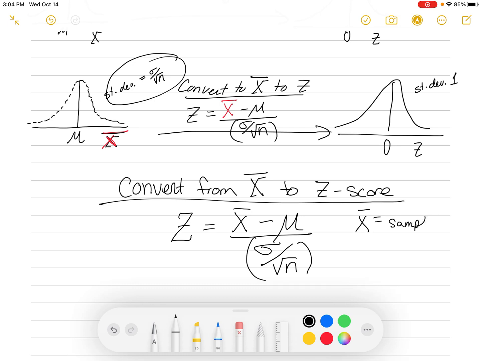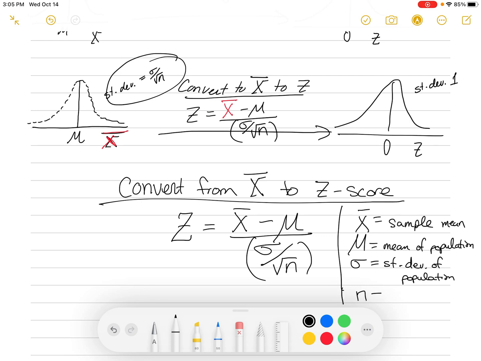X bar is your sample mean, the mean of your sample. Mu is the mean of your population. Sigma is the standard deviation of your population. And n is your sample size, the size of the sample that you'll be taking from the population.